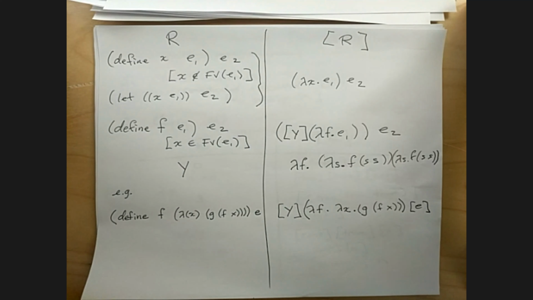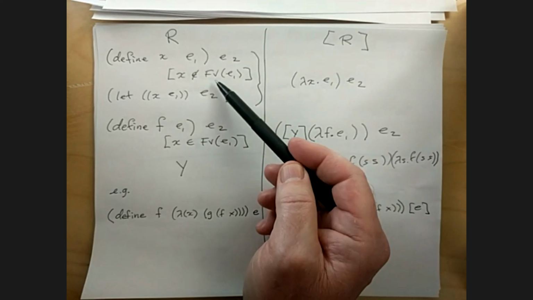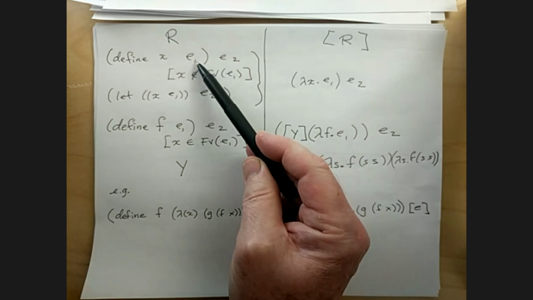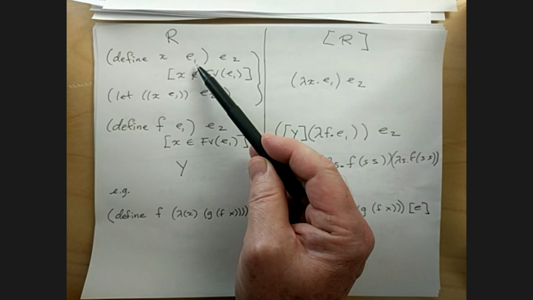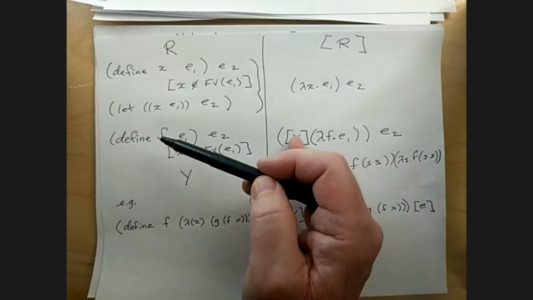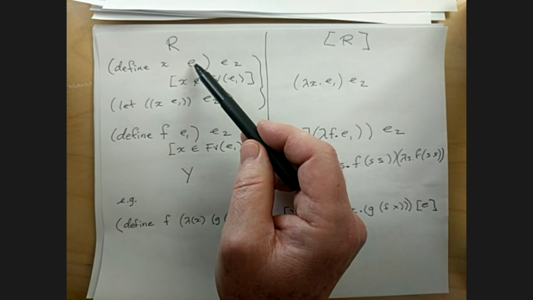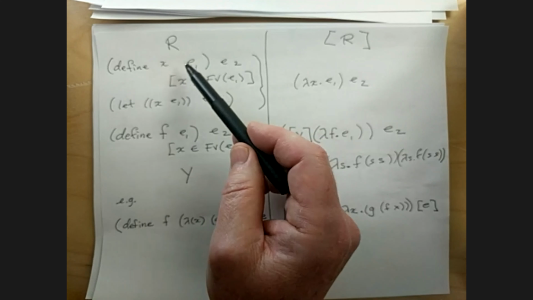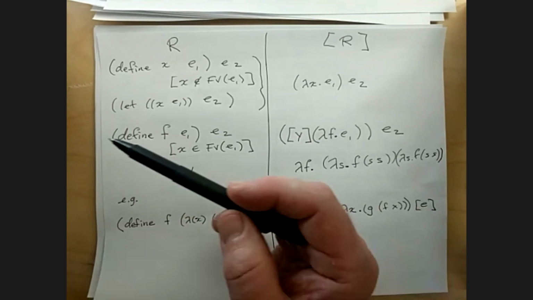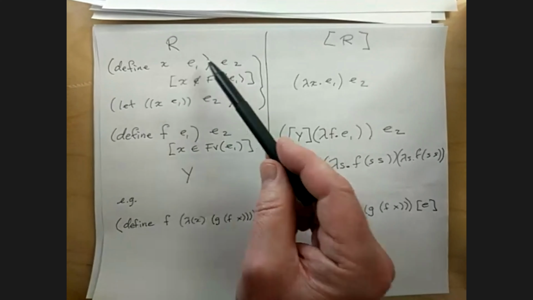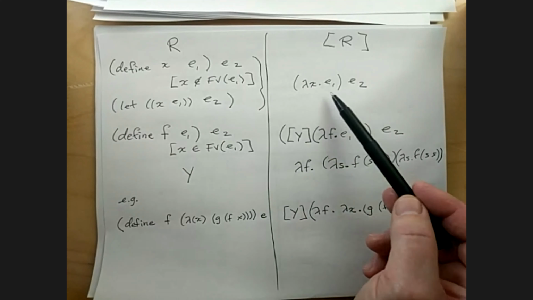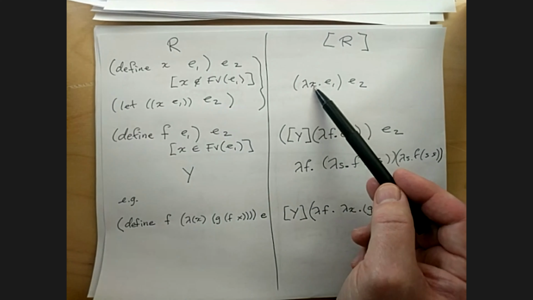Okay, so I'm going to deal with this in two different ways. First of all, I'm going to consider the case where X is not mentioned, is not free in E1. So that's just your normal define X, plus 1, 2, 3. There's no X in the expression, and therefore this is not a recursive definition of X. And if you want to do something like this, it's easily done with a lambda.